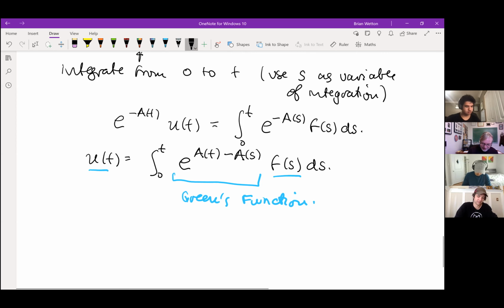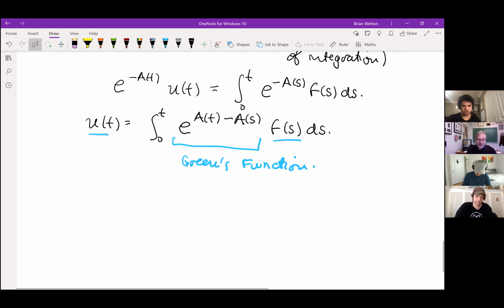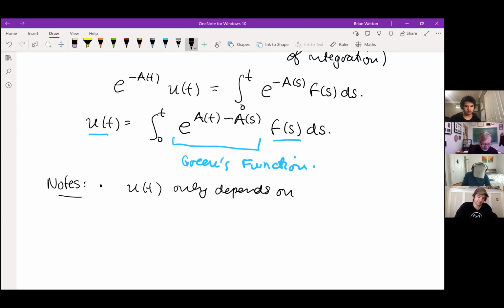And of course, there's some interesting things we can see right away, right? One is we've got the causality thing, right? It only depends on f of s for s less than t. So causality.